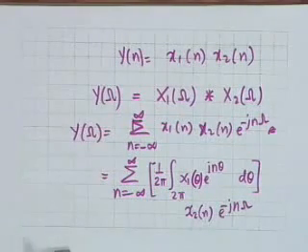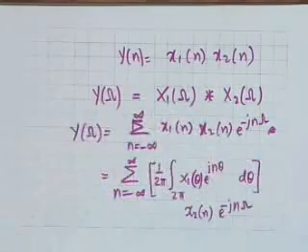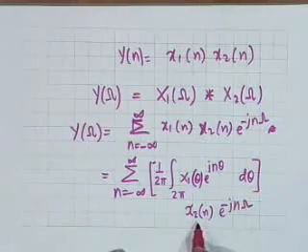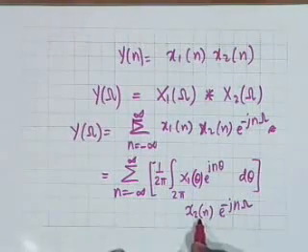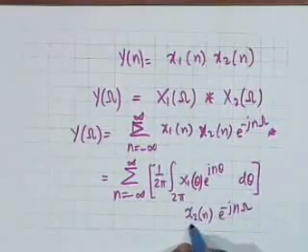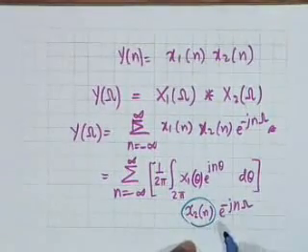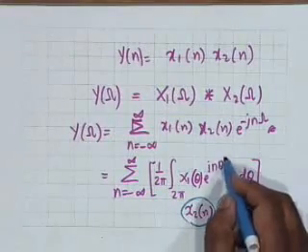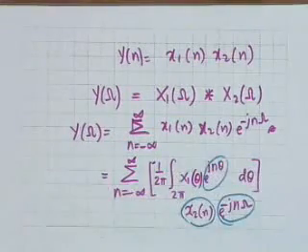Let me indicate what is to be done now rather than carrying out these steps. What I do is I take the integral out and first make the summation over n. Summation over n shall contain this term x2 of n, this term e to the minus j n omega, and also this term e to the j n theta.